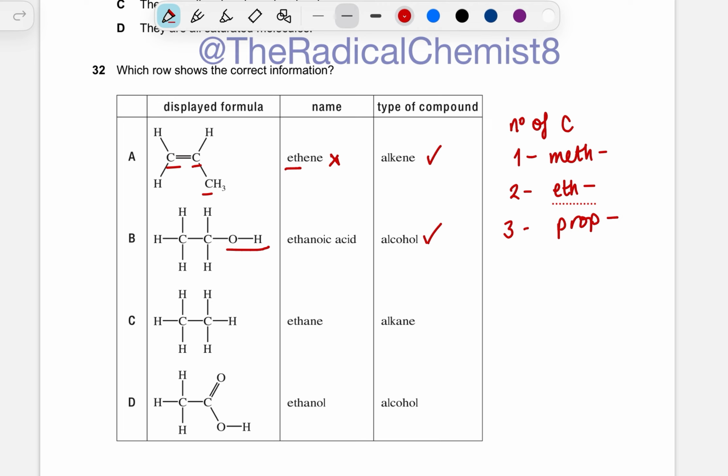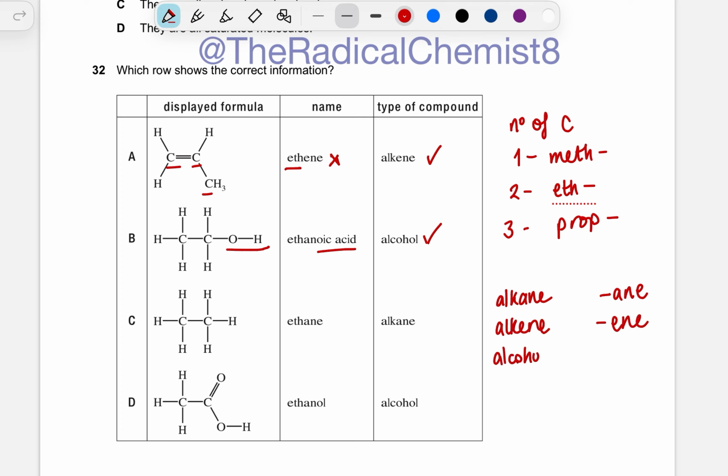Yep. And then the name is not quite correct, because if you remember, the functional group also gives you the ending of the compound. So alkanes, they have endings with ane. Alkene, end in ene.